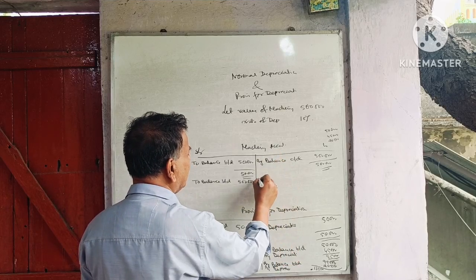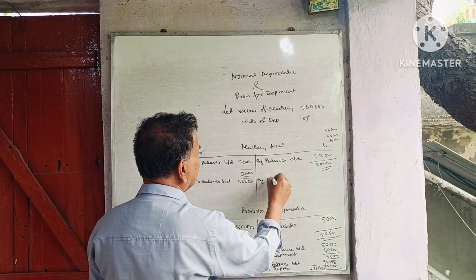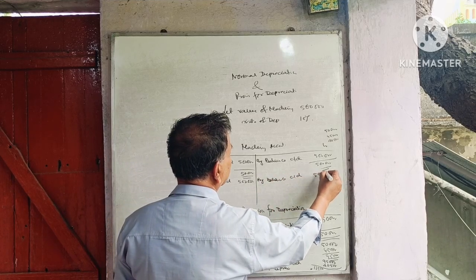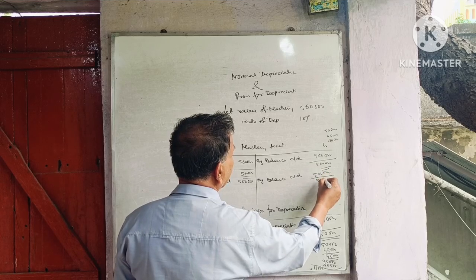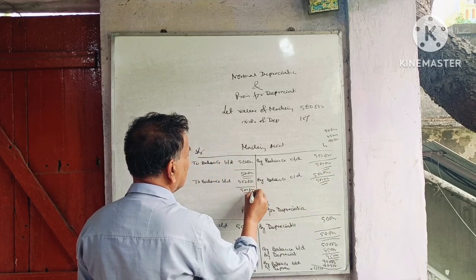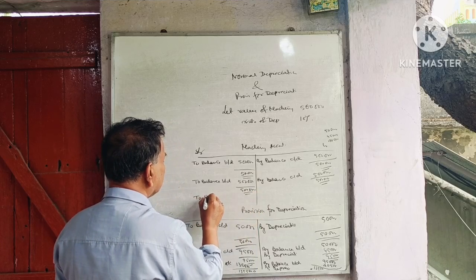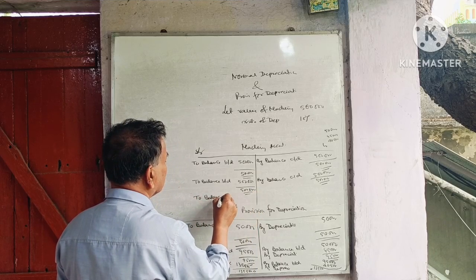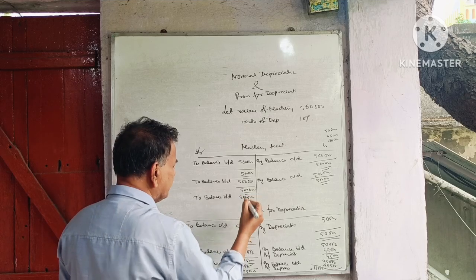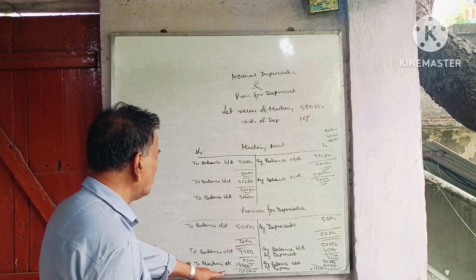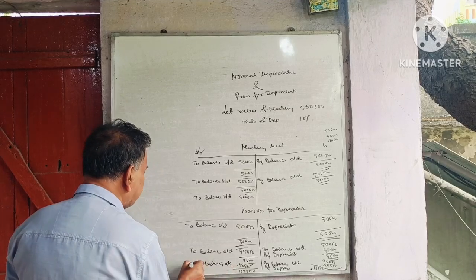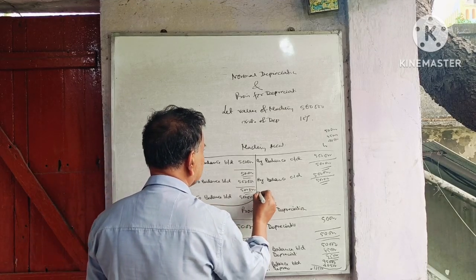In the second year, again it is by balance CD, 5 lakh. Close it, 5 lakh. To balance BD, 5 lakh. See it please, student. What is the total depreciation? 1,35,500. Now it will be transferred from here to here.